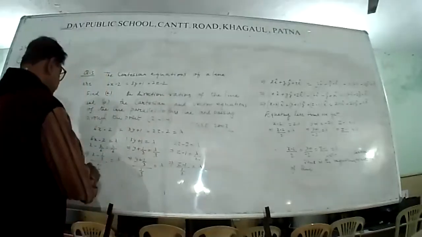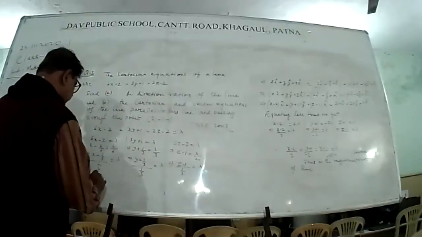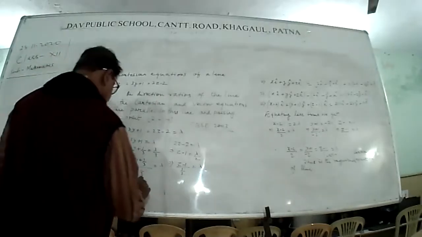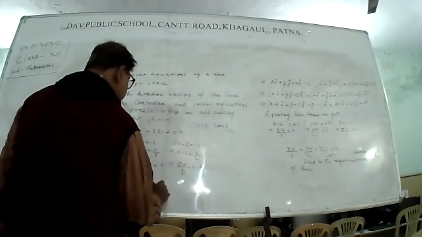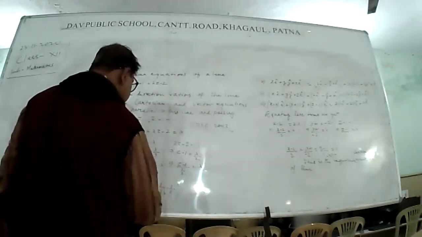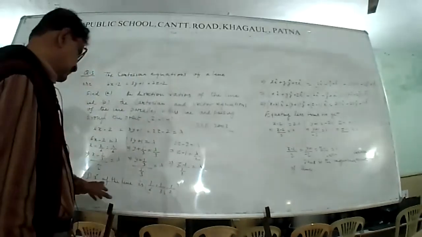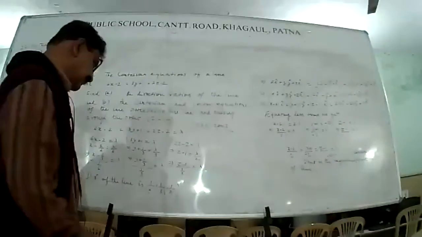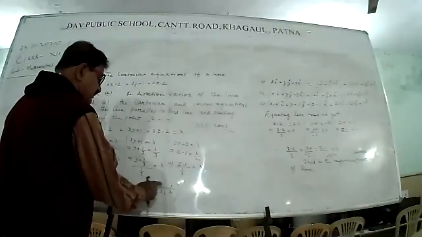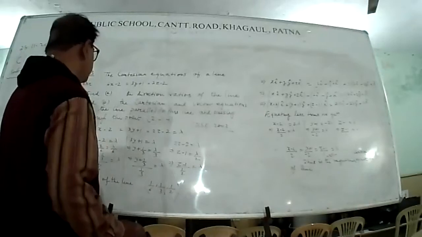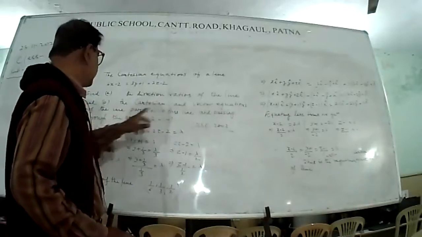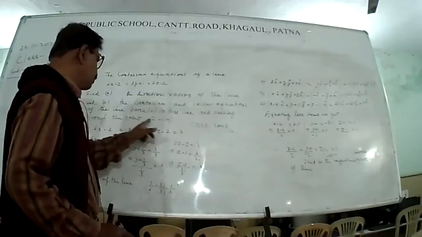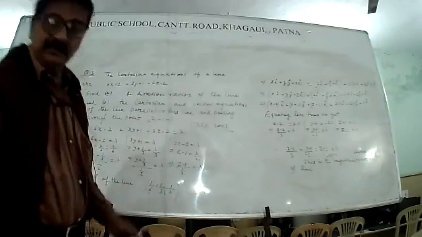Here the direction ratios of the line are 1 by 6, 1 by 3, 1 by 2. Second, the Cartesian and vector equation of the line parallel to this line and passing through the point 2, minus 1 and minus 1.